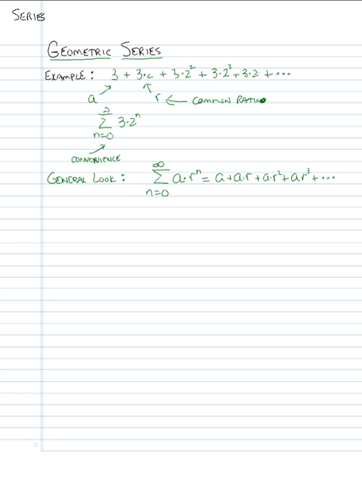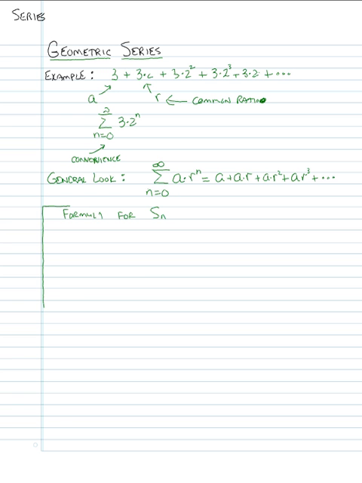Now, let's consider the nth partial sum. What I want to do is tell you that we can get a formula for the nth partial sum. So this is going to take a bit, but I want you to see this so that you're not just accepting what I say. Okay, so a formula for S sub n.